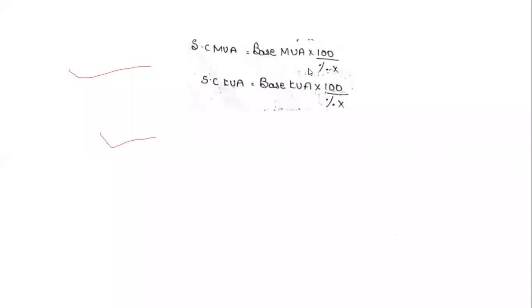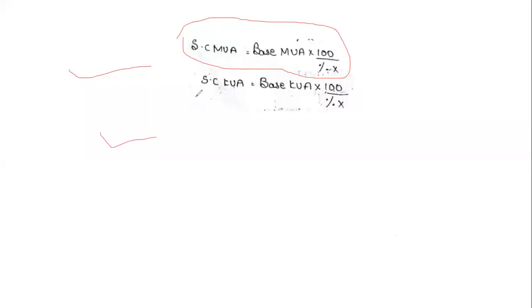Similarly, we can write short circuit MVA is equal to base MVA into 100 by percentage X. These are the two formulas to remember for calculating the short circuit MVA. How we take the base MVA was already discussed in the first unit.